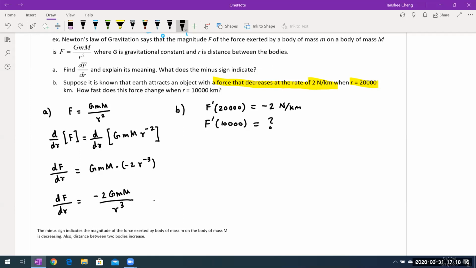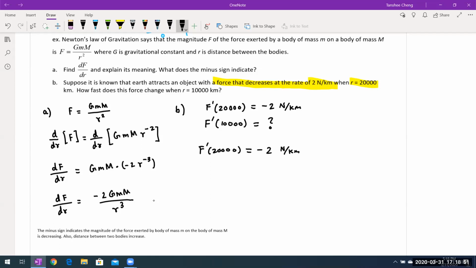To find this out, first we start from the known value that we have, f prime of 20,000 is equal to negative 2 Newton per kilometer. On the left-hand side, this is the derivative of the force function with respect to the distance, evaluated at 20,000. So we are evaluating this function right here at 20,000.